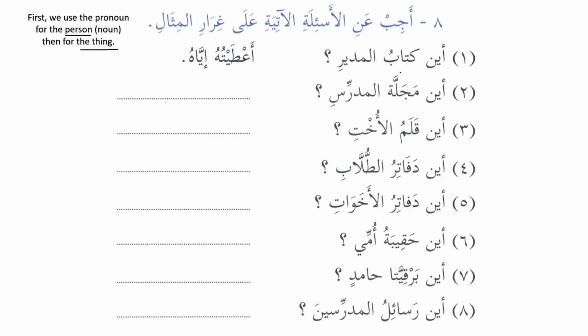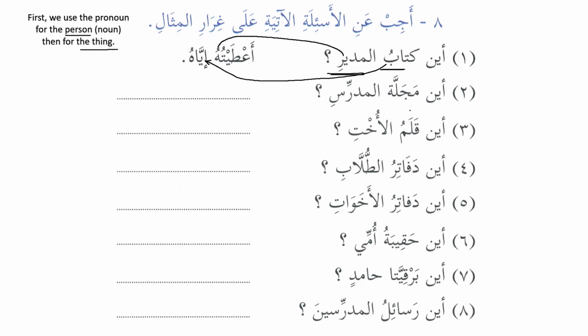For example, first we have the manager, and then we have the book. So first we use it for the person, and then for the thing, the book. In the English translation, the book comes first, but in Arabic the person comes first, and then the thing.